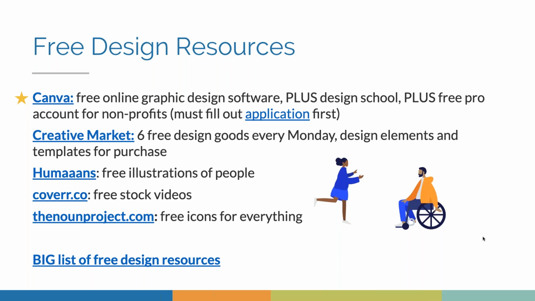So free icons for literally every single word that you could think of. You can download them and use them for whatever you want. You don't have to credit. You can also have a pro account and change the color of the icons before you download them.